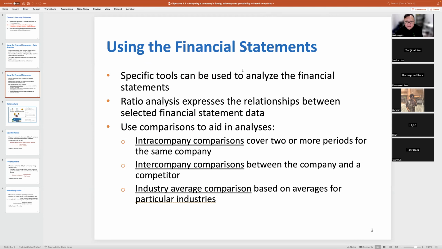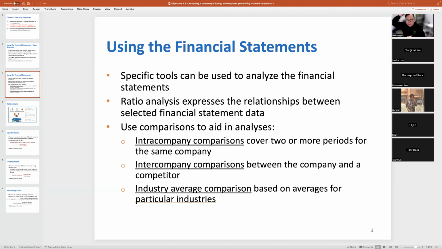We have financial statements that contain lots of financial information. You could use this data to do some comparisons. For example, you could do a vertical analysis, where you are dealing with the same company.